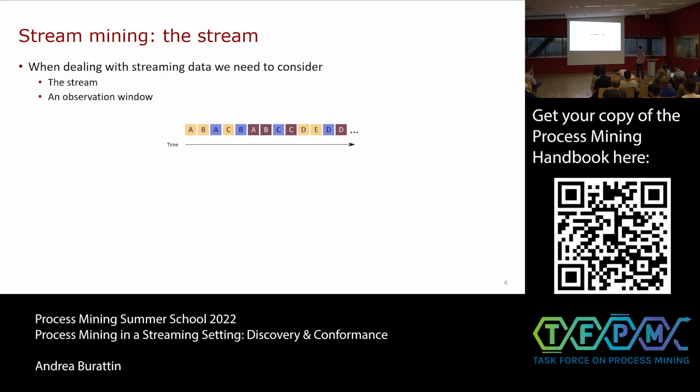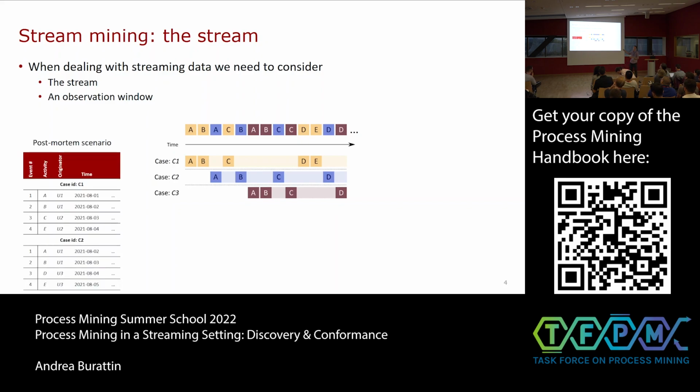But the point is that we have this infinite stream of events. And of course, all process instances are intertwined with each other. So if we want to separate and isolate different cases, of course, we need to do that afterwards. And that's essentially the first distinction that you can probably intuitively identify.